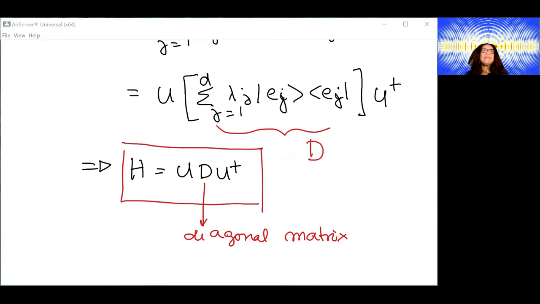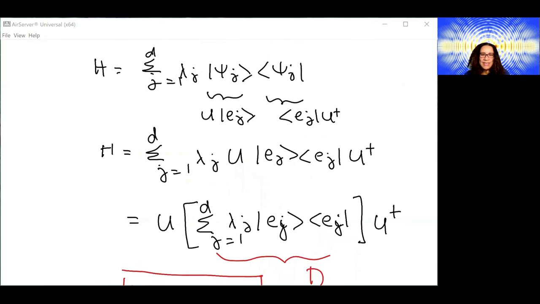And the eigenvalues are not going to change, right? Pay attention to this. You see that the lambda j are the same. And this is something you expect. If you change the basis of an operator, its eigenvalues are going to remain the same.